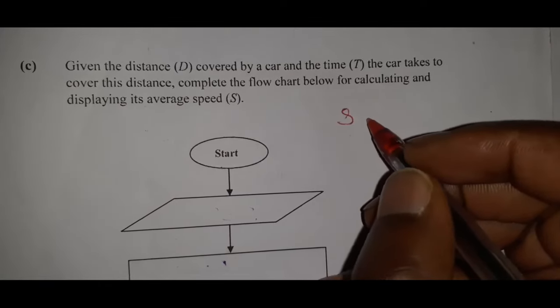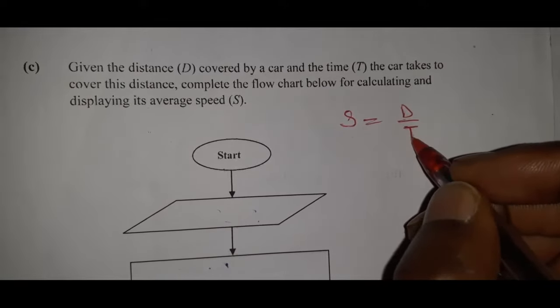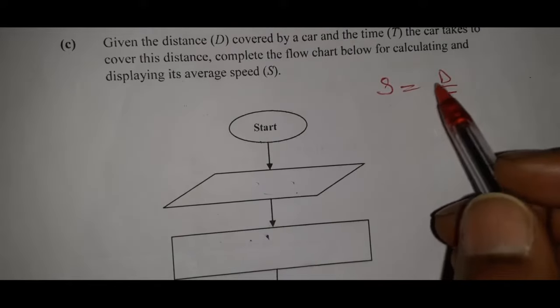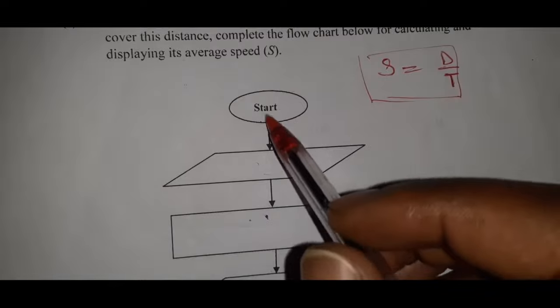So average speed is equals to distance over time. Okay, so this is the formula that we use. So we need to complete this.